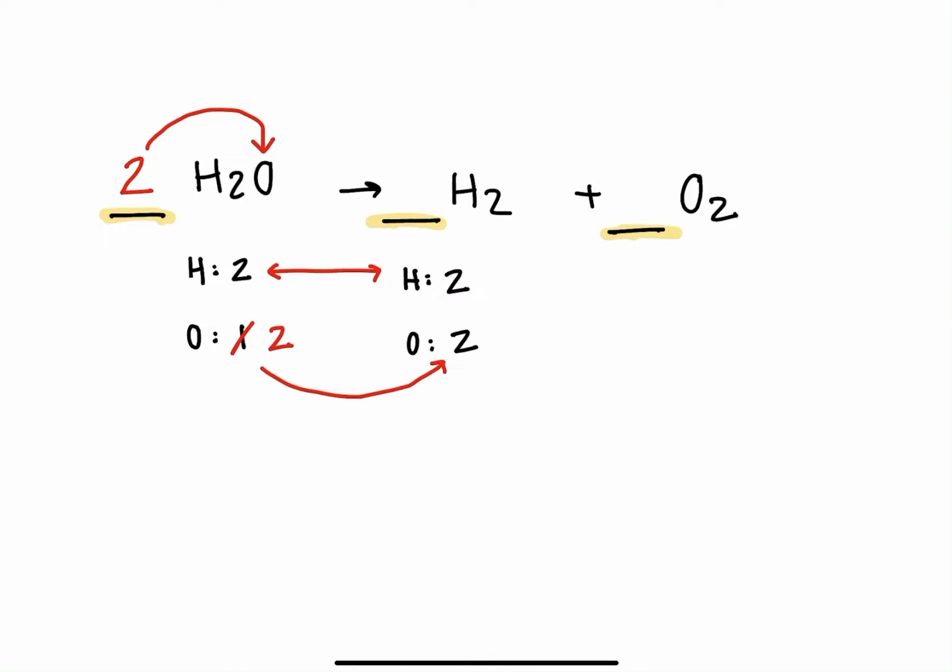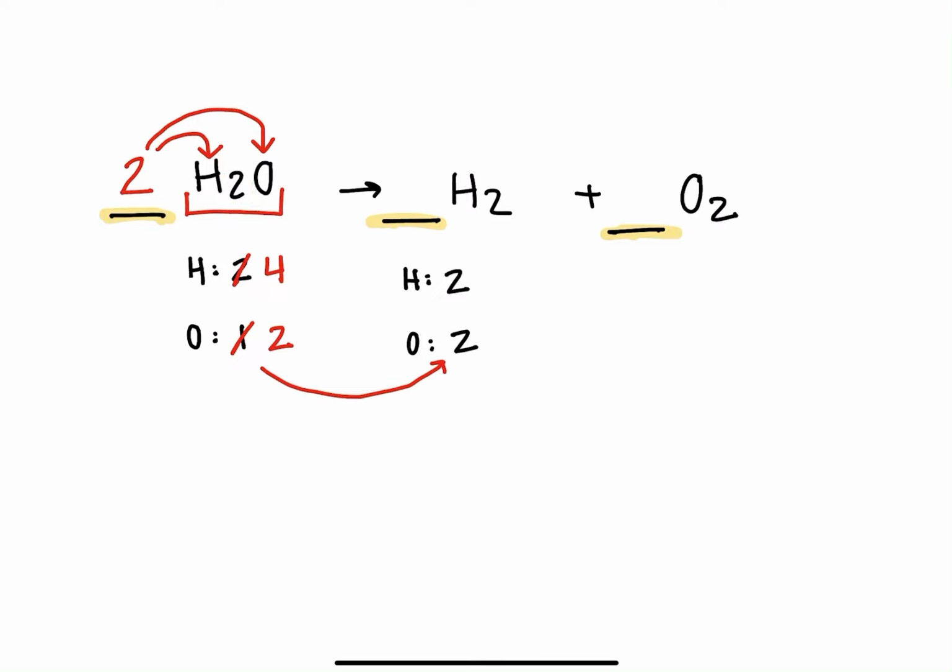But the thing about coefficients is that it also multiplies to everything that's in this compound. So it's not just going to go with the oxygen, it's also going to go with the hydrogen. So there's 2 oxygens because it multiplied with the O. And now there's 4 hydrogens. So I'm going to erase this arrow. There are 4 hydrogens because this 2 multiplies with the subscript that's on the element.